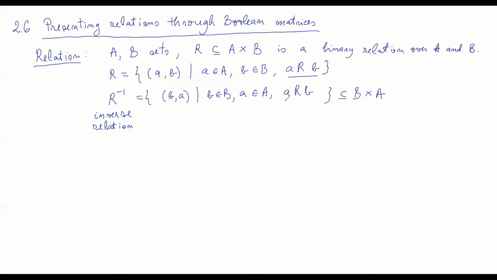So in other words, whenever you have (a, b) in relation R, you are going to place (b, a) in relation R minus 1. So R minus 1 doesn't do anything else than just switching the position of all elements. Wherever you had an (a, b) in R, you will have a (b, a) in R minus 1.